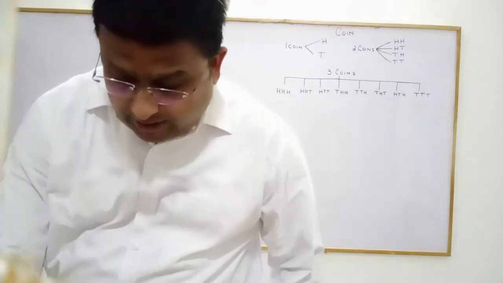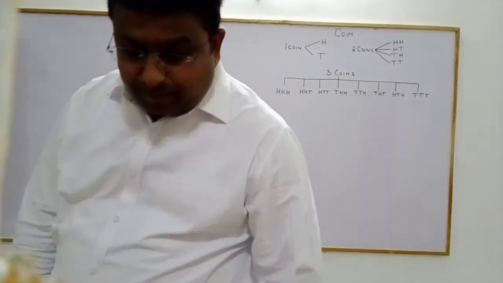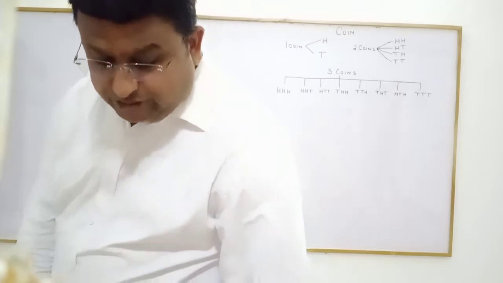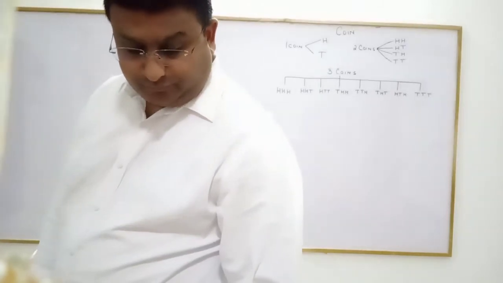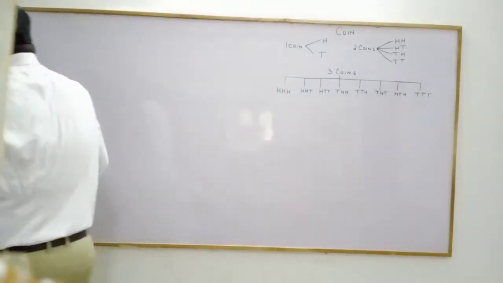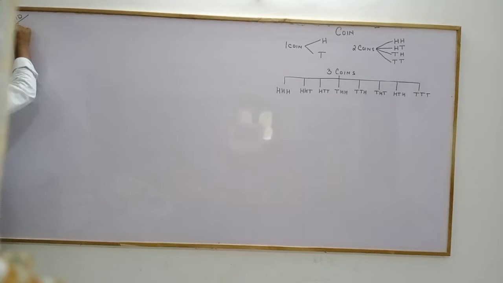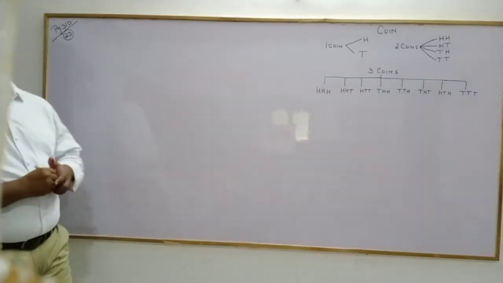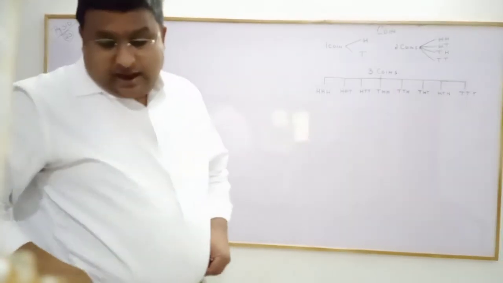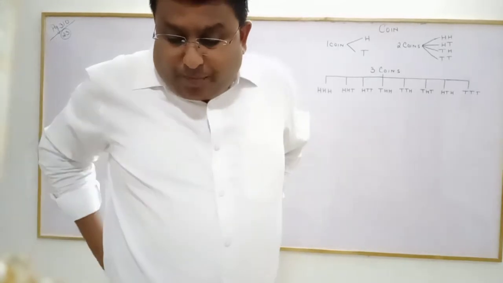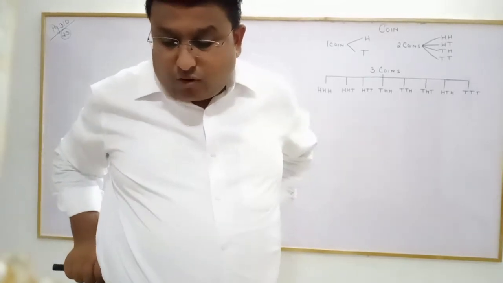If you take a look at page number 310, question number 23. What does it read? It reads as, a game consists of tossing a 1 rupee coin 3 times and noting the outcomes each time.